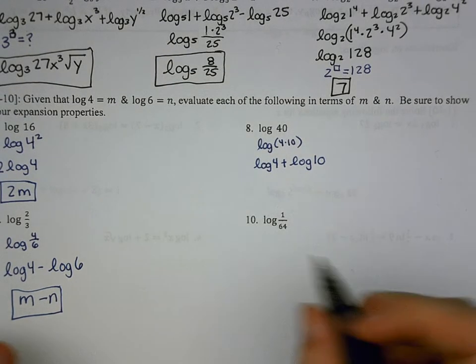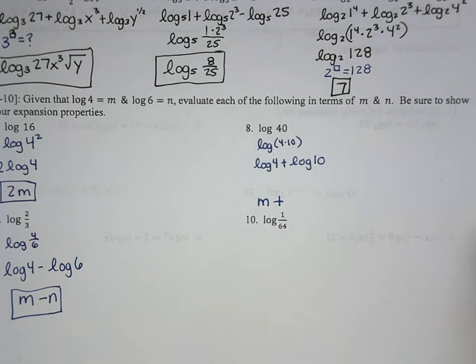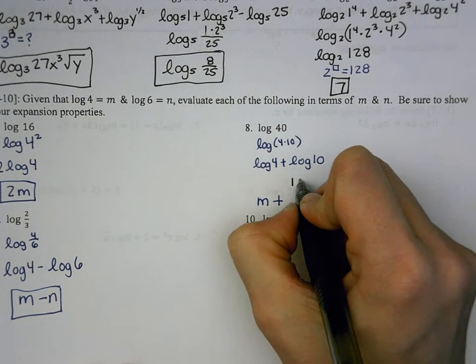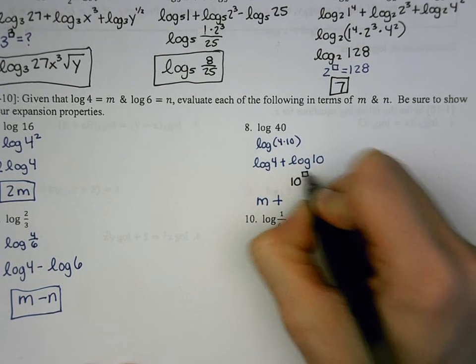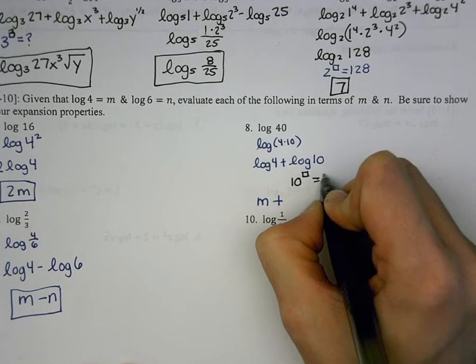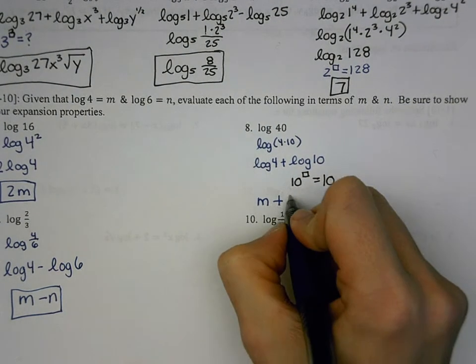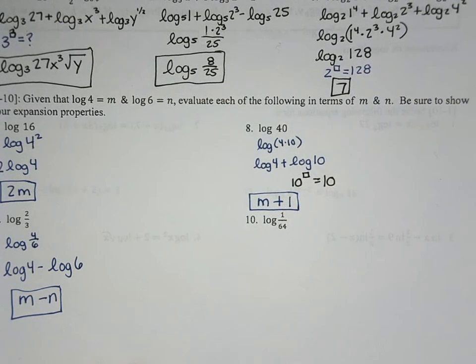We notice that we've got log base 10 of 4, which is going to be m, plus log base 10 of 10, which I can evaluate. If my base is 10, the question is, what would my exponent be to give me 10? And in this case, my exponent would be 1, and so this would become m plus 1.